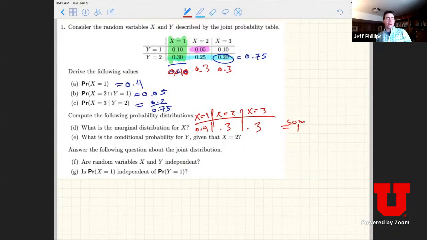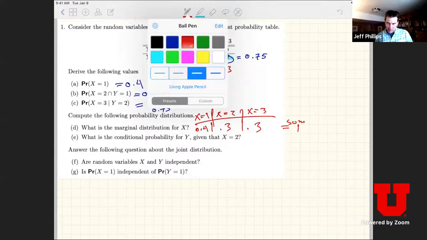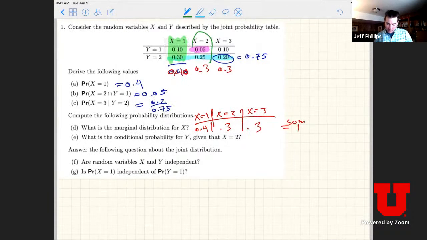Okay, what's the conditional probability for Y given that X is equal to 2? Now the conditional probability for Y given that X is equal to 2 is again going to be a table, and this corresponds with the probability that X is equal to 2. So I'm going to write this as another table, Y equals 1, Y equals 2.